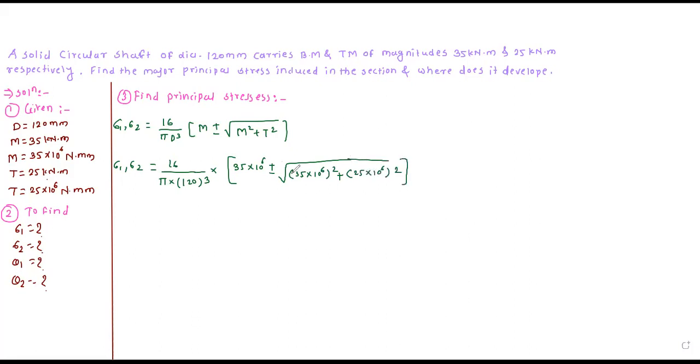Okay, so you observe here that in these three terms, 10 raised to 6 is common. So we will take it common. So 16 into 10 raised to 6 divided by pi into 120 cube. So what is remaining in the bracket? 35 plus square root of 35 square plus 25 square.